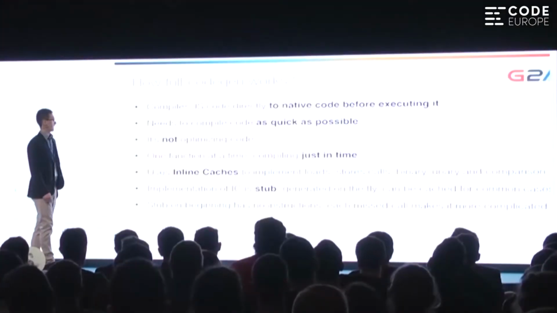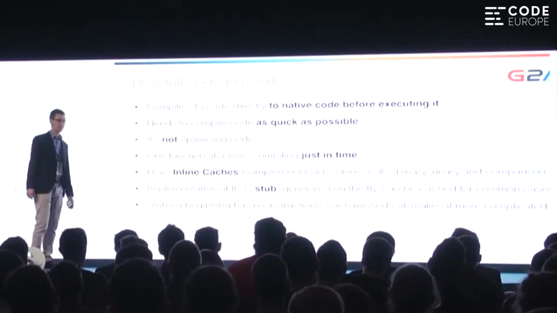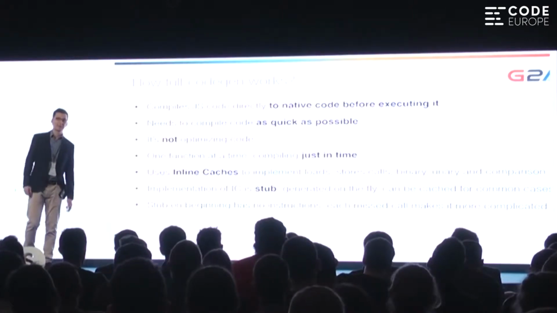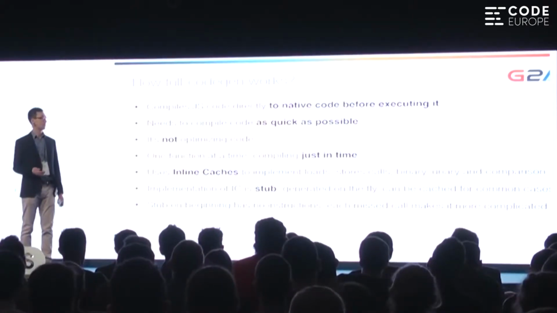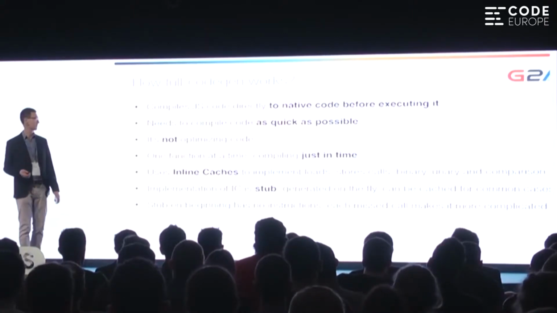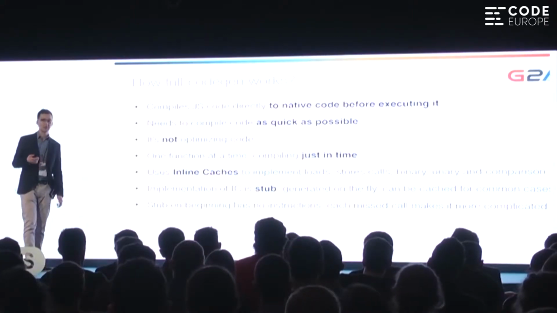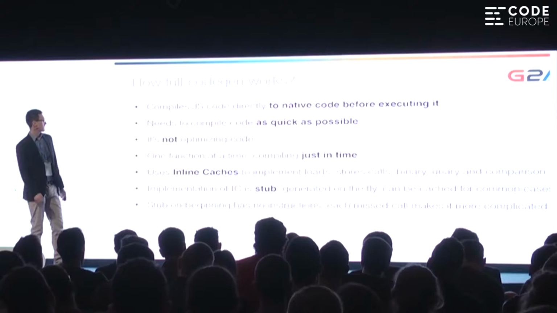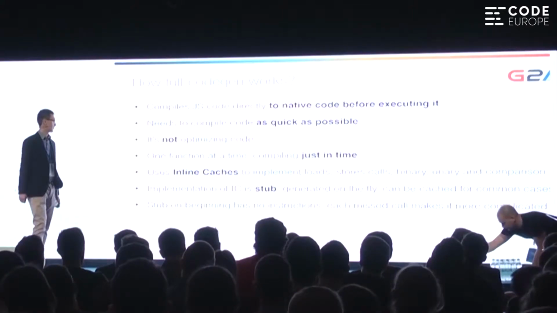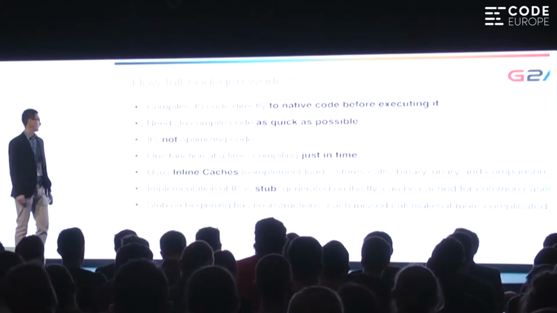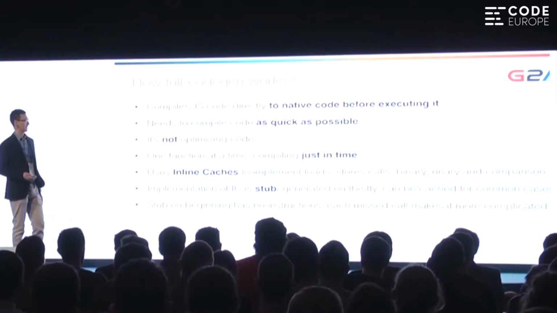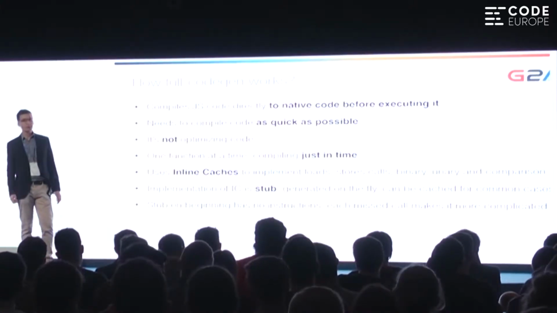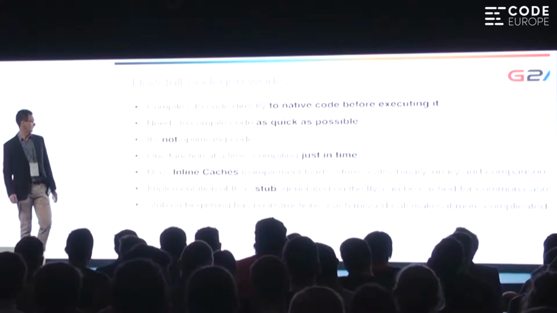So what is full code gen? It compiles JavaScript to native code. And it needs to be as quick as possible because it is the first step to run code without any optimizations, just to make the user see results as quickly as possible. It's not optimizing code, because optimizations take time. And just-in-time compiling just means that only one function is compiled at a time, because you will not use any other function meanwhile.